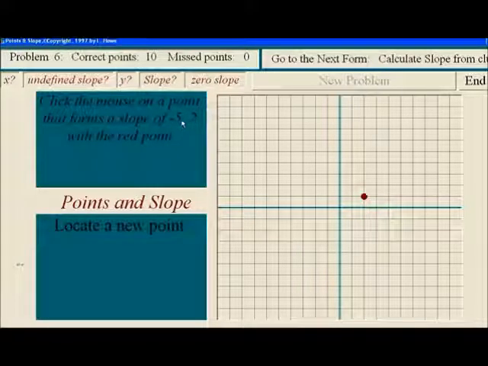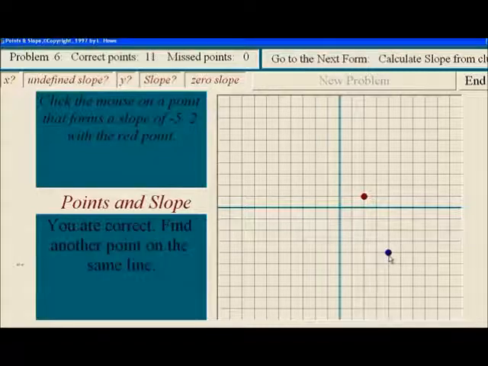-5/2. So you've got to rise before you can run. We want to rise -5. That would be sinking 5. 1, 2, 3, 4, 5. Over a run of 2. Now find another point on the same line, and we could keep going on down this way, or we could go backwards. Think of both of these being multiplied by a negative.